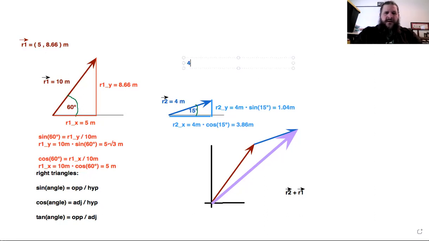R2 is x component comma y component, so 3.86 comma 1.04 meters. So that is the description of vector R2 in terms of its components. Any questions on those so far?